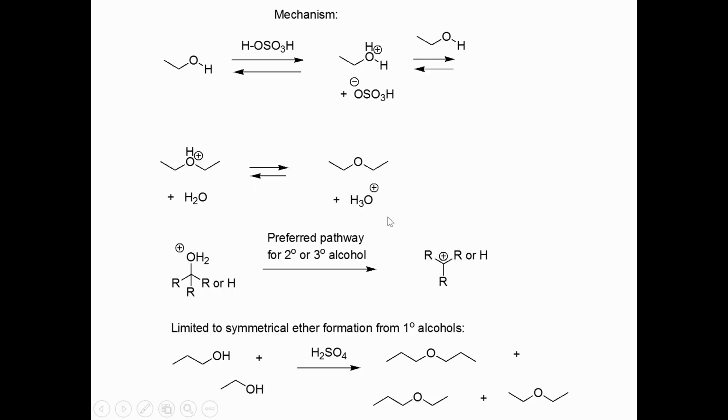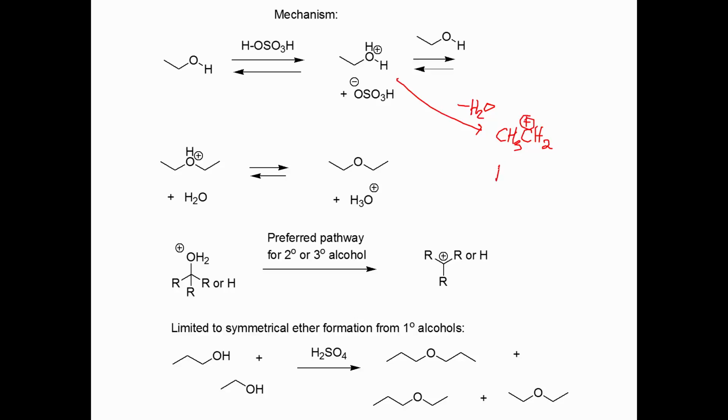All right, so like before, sulfuric acid is simply going to protonate the alcohol. But let's just hypothetically look at what happens if water left, suppose we just lost water from here, and let's look at the carbocation that we would generate.